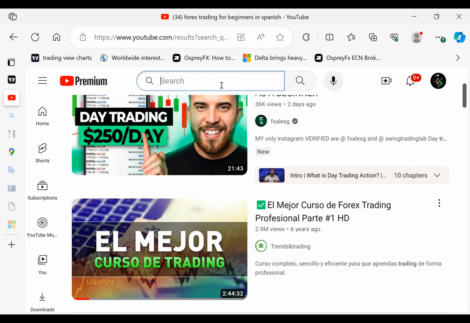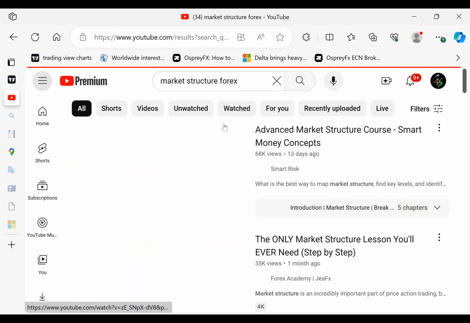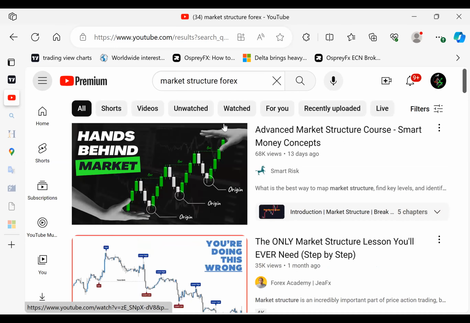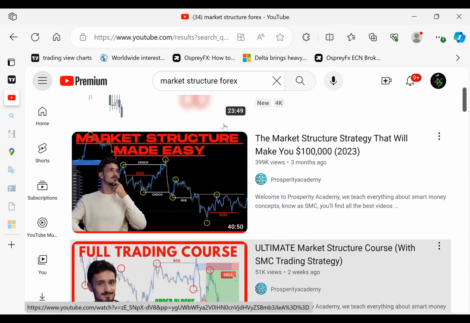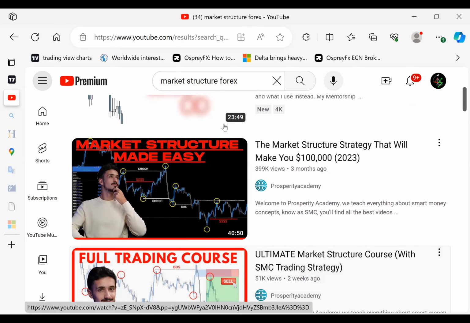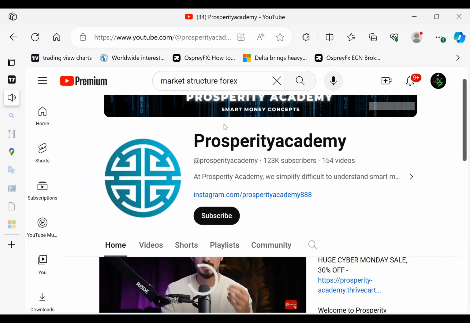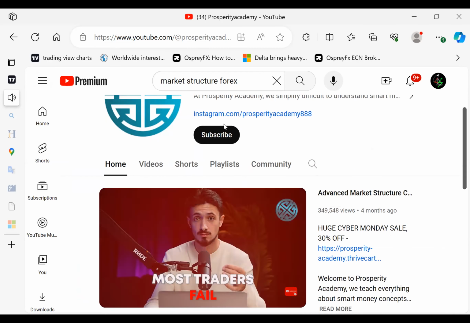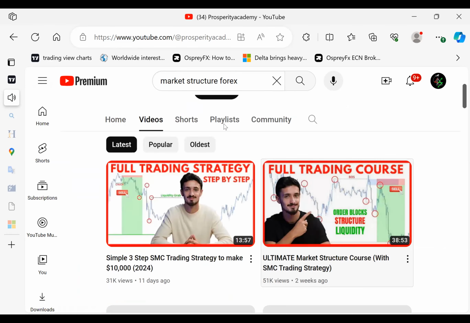You can't rely on somebody else to line up market structure and then expect to understand it. The biggest reason that most traders fail is because they don't understand market structure.